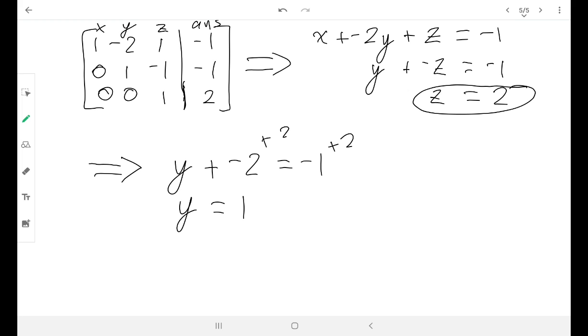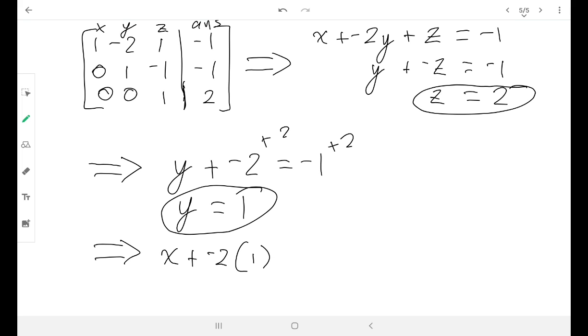And because of that, so now I have z equals 2, I have y equals 1, and so in this final equation, I have x plus negative 2 times y, which I know now is 1, plus z, which I know now is 2, equals negative 1. And so because of that, I can solve this.